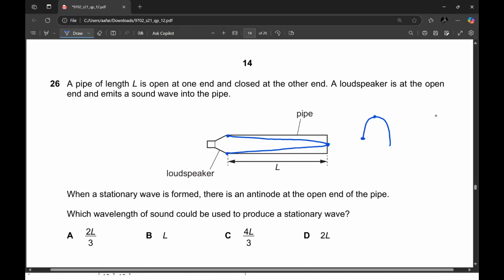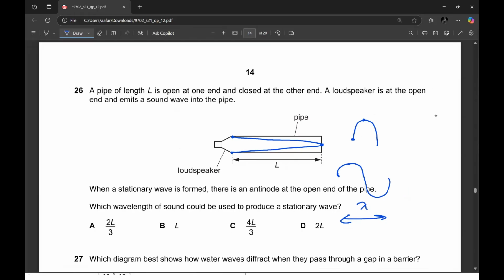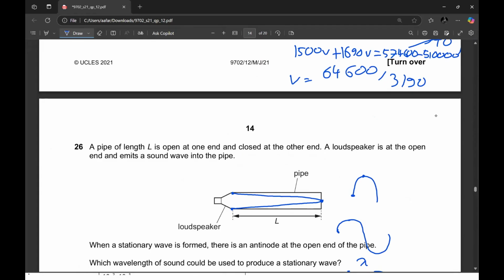Sorry, this whole is one wavelength, right? We are only forming this part, so we need 4L. If we check this, there are two nodes.